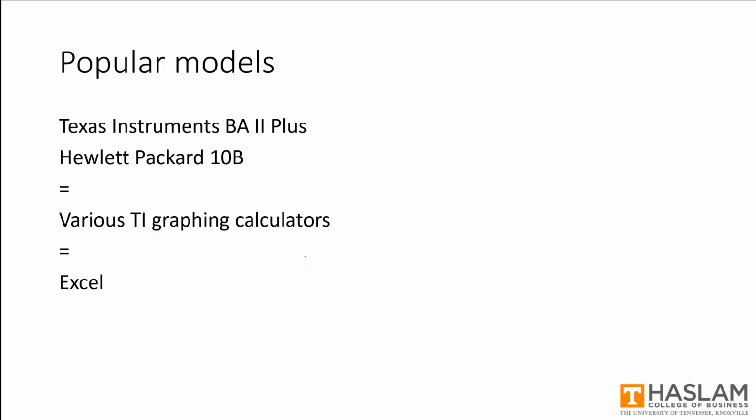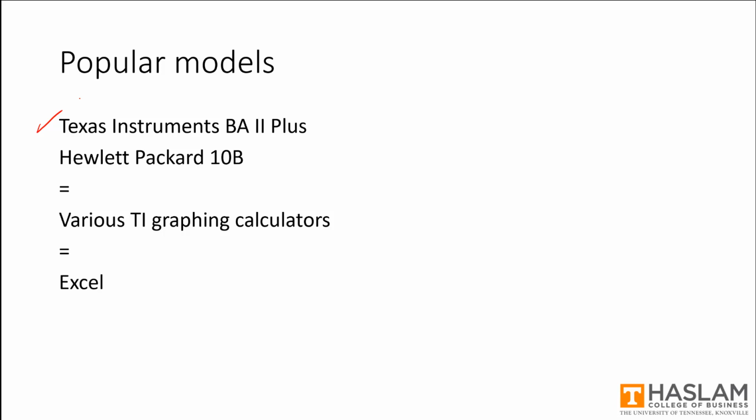Now, there are many models of calculators, and they all do basically the same thing. Two of the most popular are the Texas Instruments BA2 Plus. There's also a BA2 Plus Professional. Those are basically the same thing.